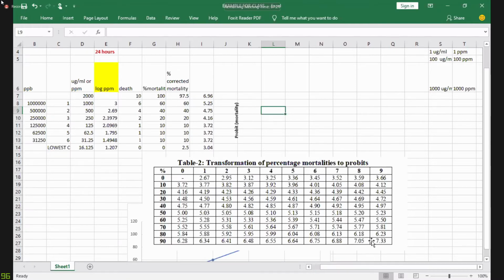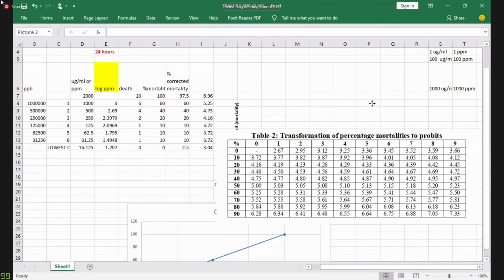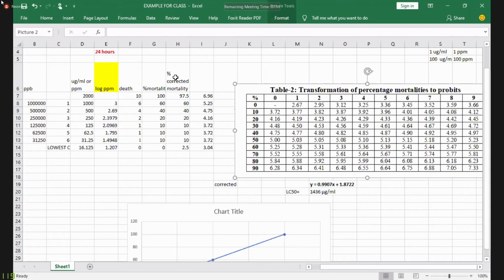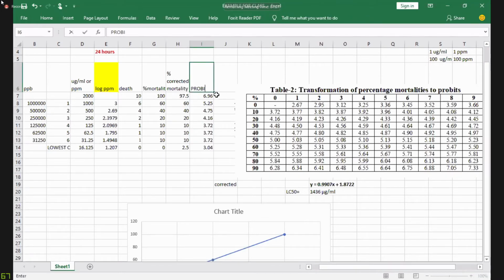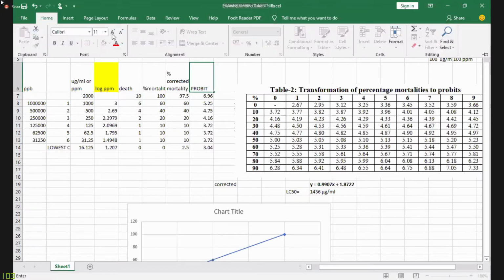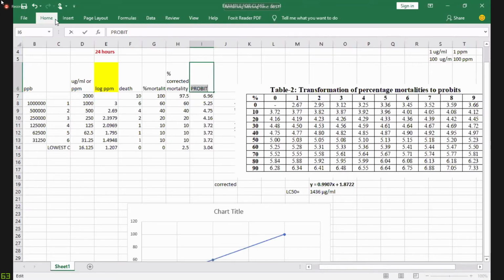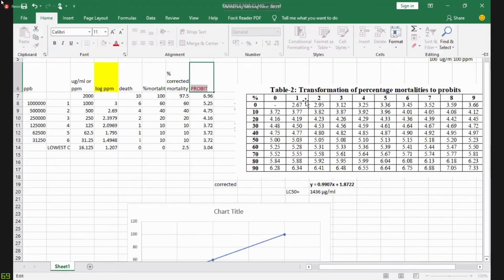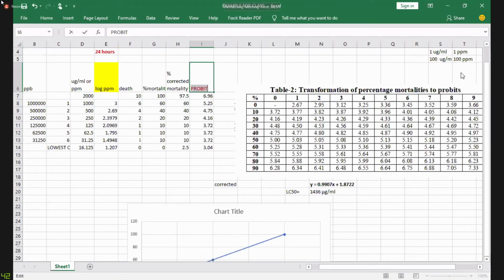The probit is average 7.05 plus 7.23 divided by 2. So before we can transform the percentage of mortality into this probit, you have to correct the fraction based on Miller and Tainter. So I think you understand now.